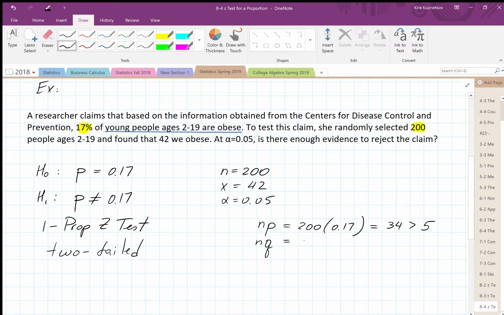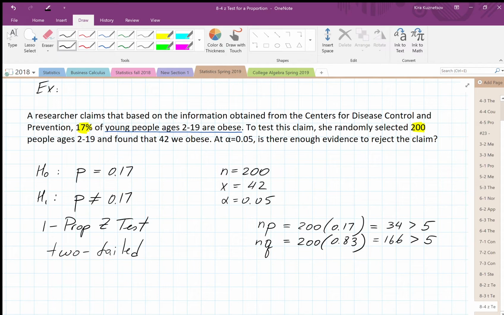Check the nq. That's the 200 times the other 83%, definitely larger than the 34. So it's the other 166 that said no. This is also greater than 5. These are the two conditions that might be somewhere in the vicinity of your paper in order for you to even continue with the test.